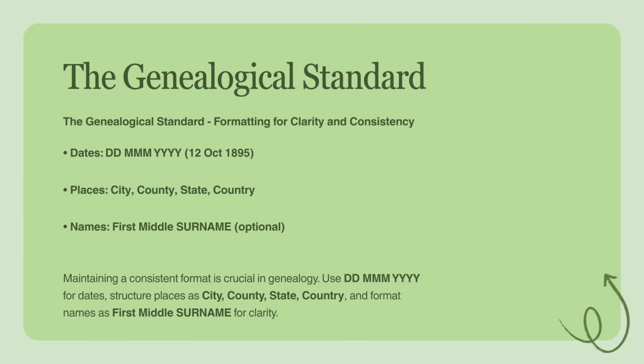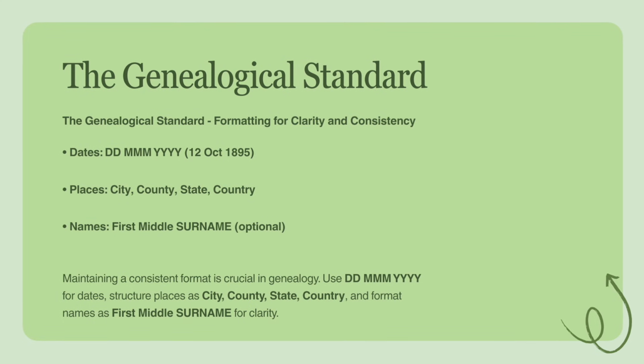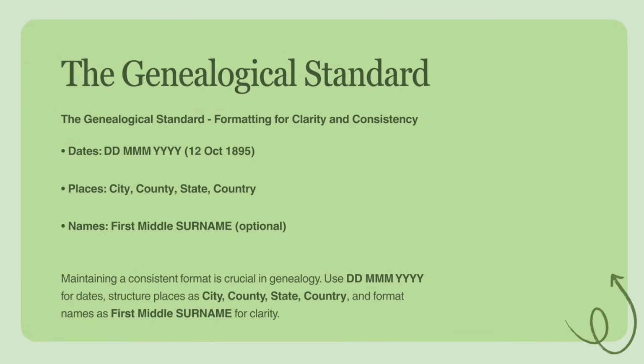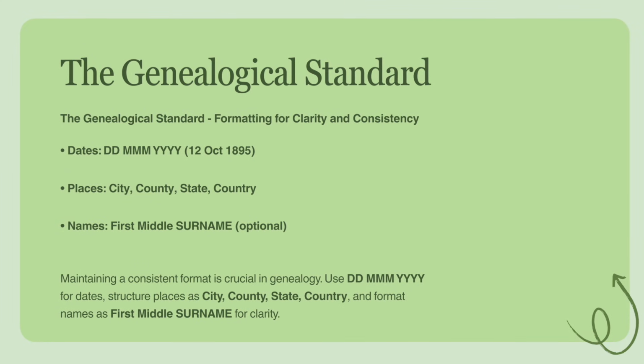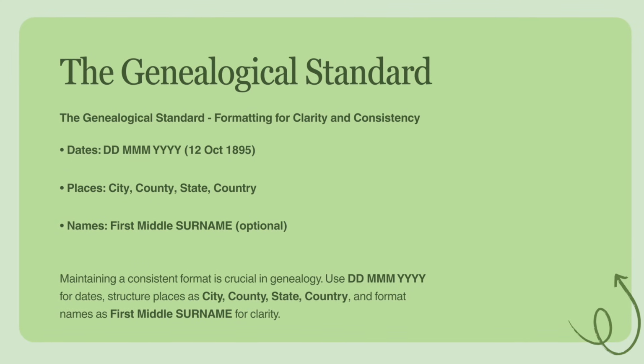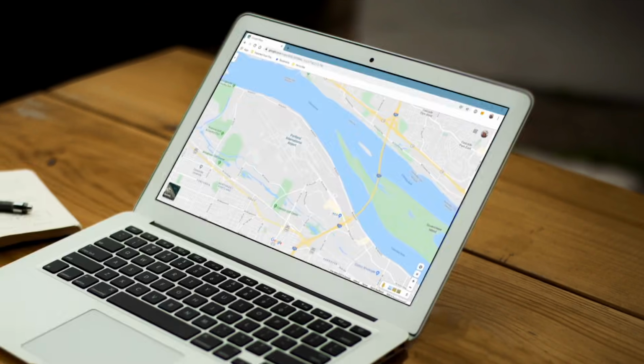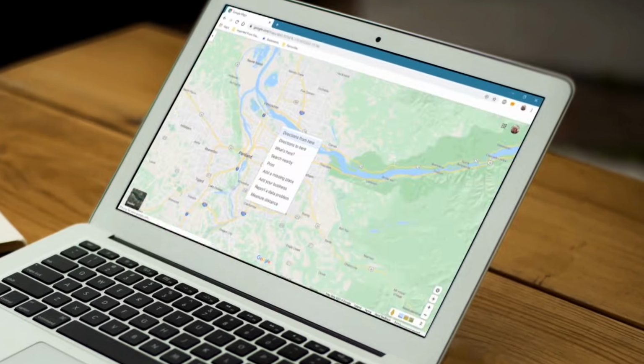You want to adopt the genealogical standard. So here we go. For dates, always use day, 3-letter month, full year, like 12 October 1895. There is no ambiguity there, and that's the way it should be. For places, always go smallest to biggest. City, county, state, country.